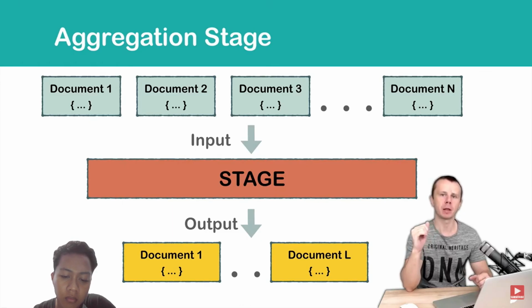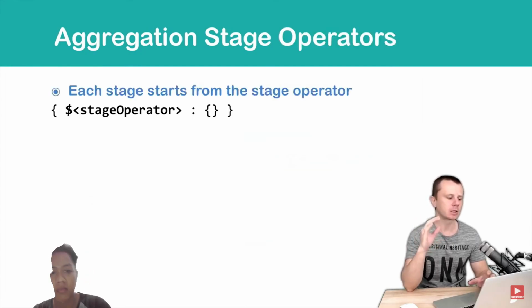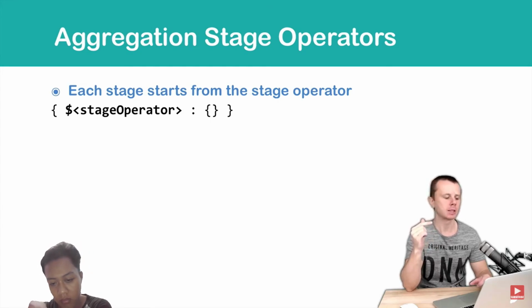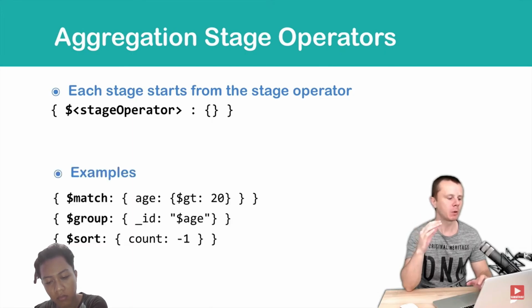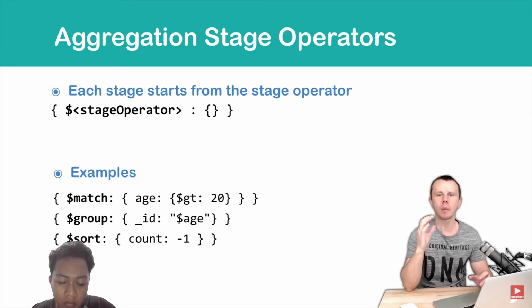All I want you to keep in mind is that each stage doesn't impact other stages. So, the result of one stage is simply passed to another stage, and so on. Stages are independent. Okay, let's look at the stage operators. Each stage starts with the stage operator, prepended by $, and then comes an object. Let's look at the examples. In the first example, we use the match aggregation stage operator. Then comes a colon and then an object. The object contains key value pairs.